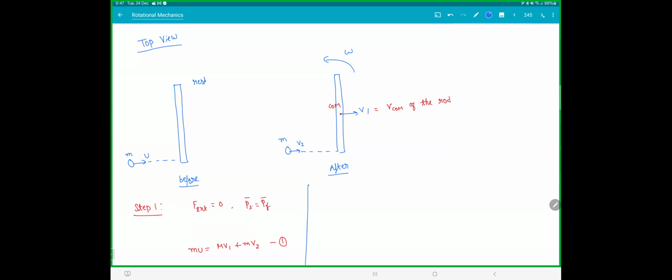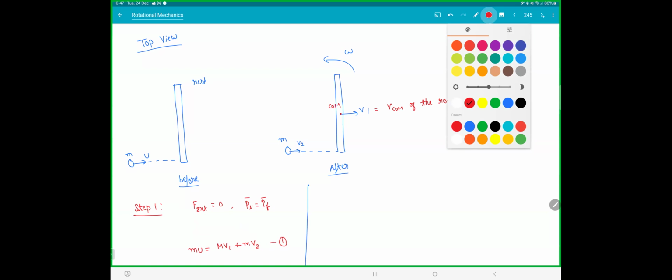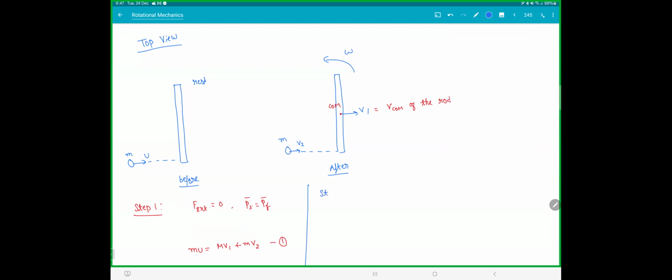Step 2. When you write the formula e is equal to V2 minus V1 by U1 minus U2, you need to ask yourself, if the body is colliding here, what is this V1 doing there? Tell me one thing, does this velocity have anything to do with the point of collision?